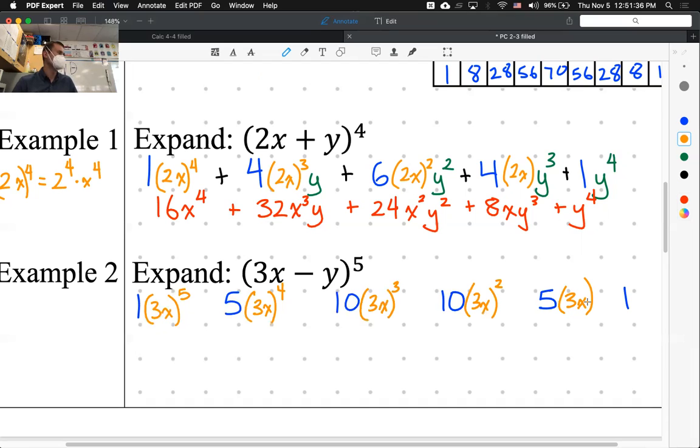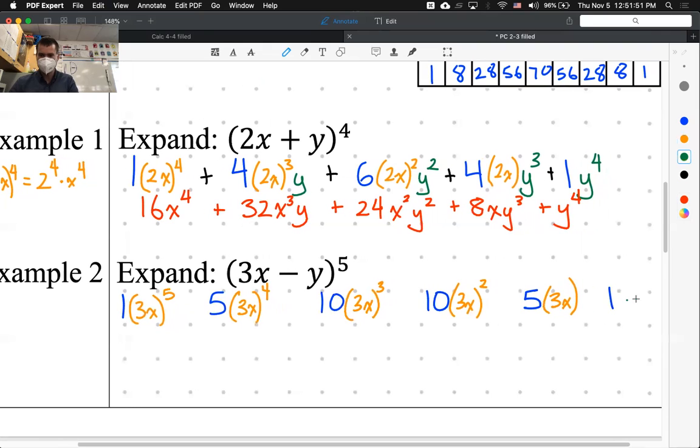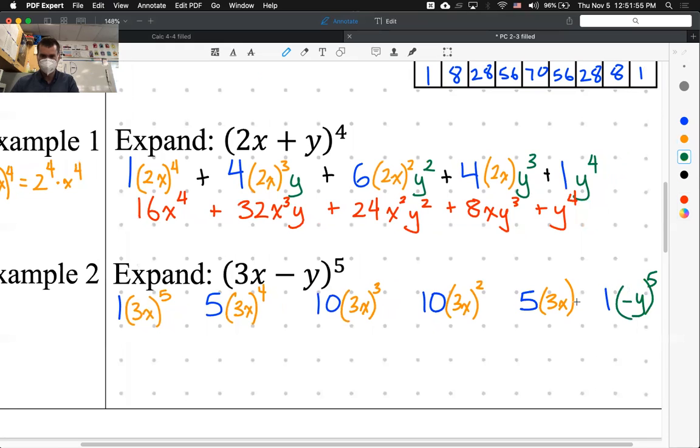With my last 30 seconds of class, then I do the second term. And this is a little bit different. I'm going to take negative y, not positive y. I'm going to start on the very right-hand side and say negative y to the power of 5. Negative y to the power of 4.